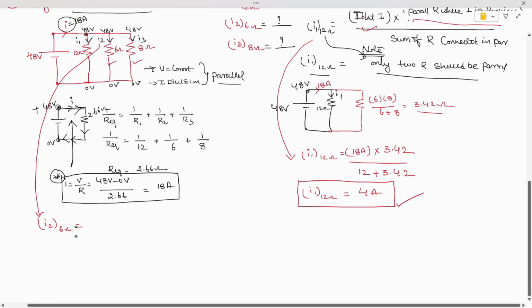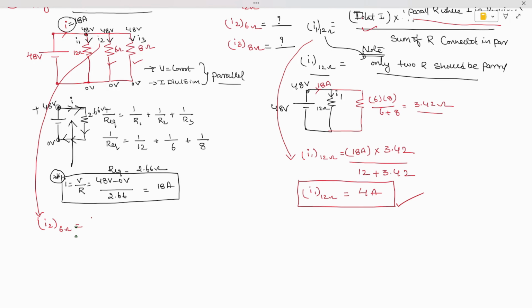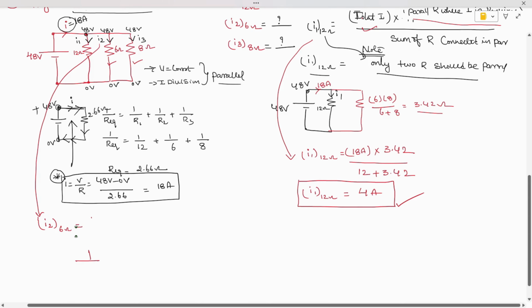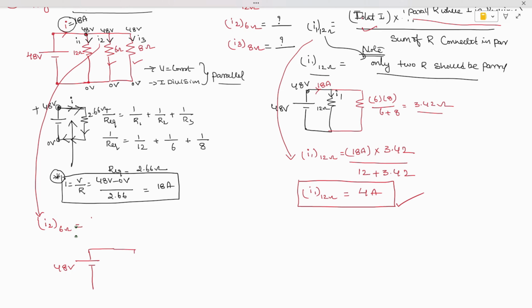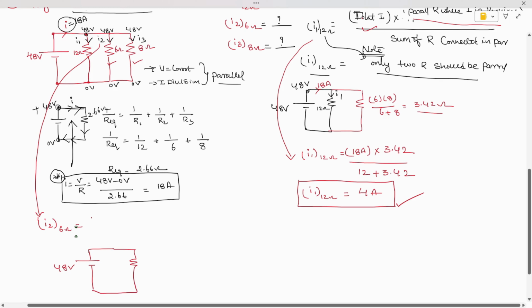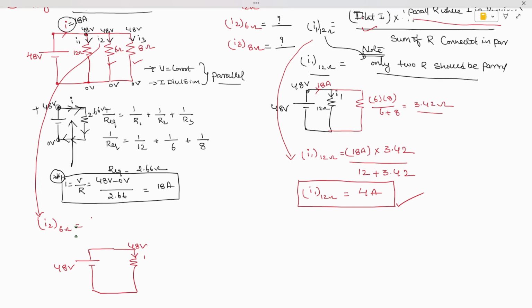Before solving it, let's try to redraw the network. So you have a 48 volts battery and I want the current in this branch. The same branch you draw as it is. Okay, and here you have 48 volts and this is the current I2 and this is 6.